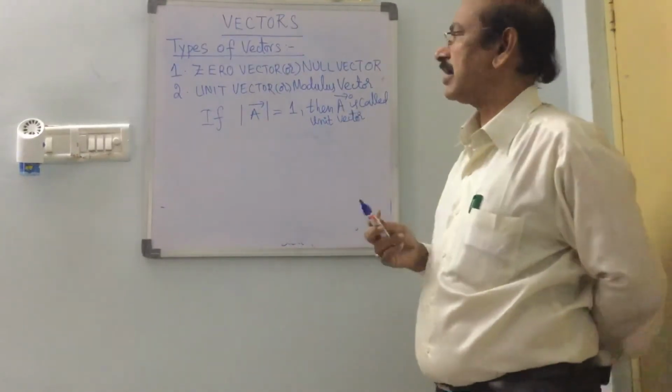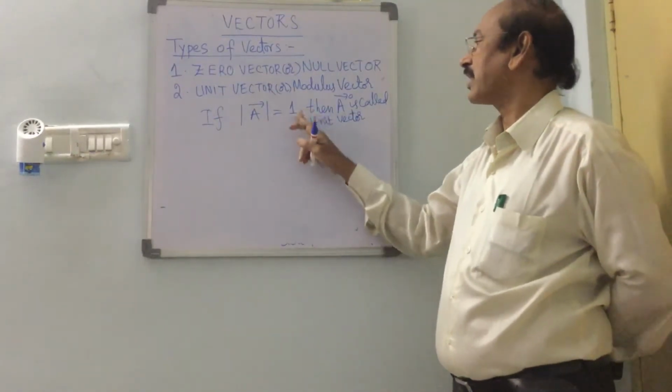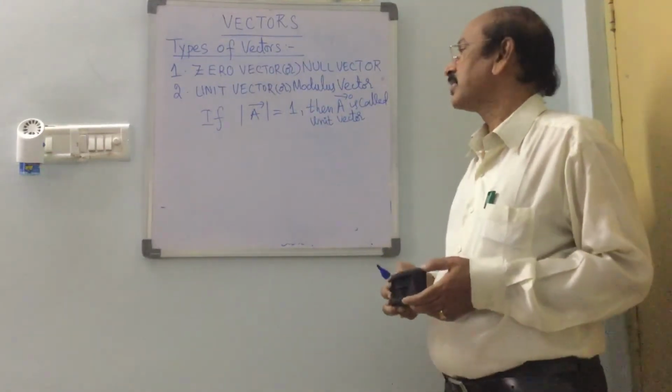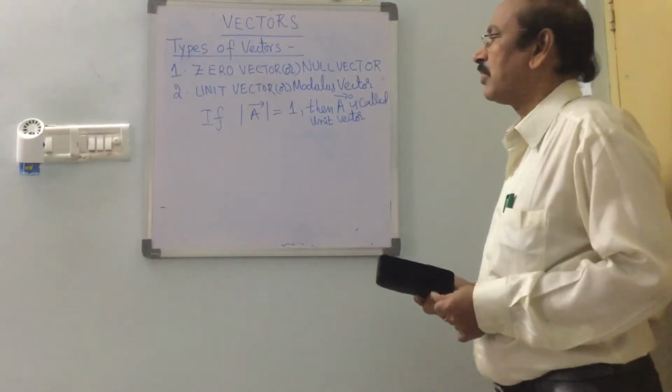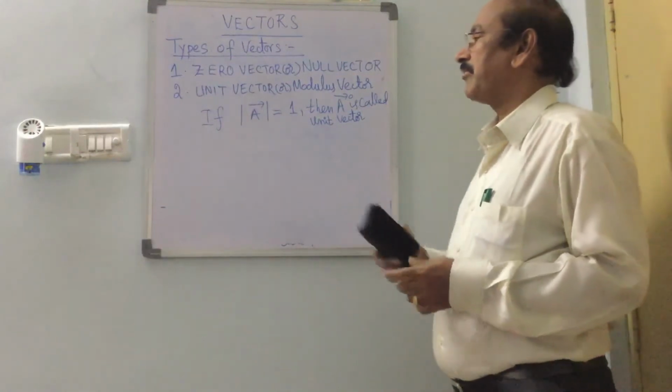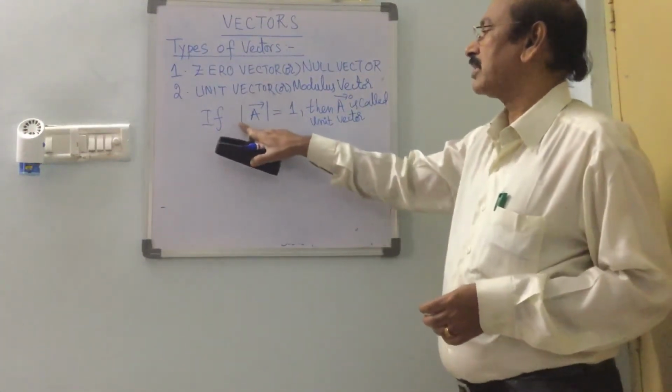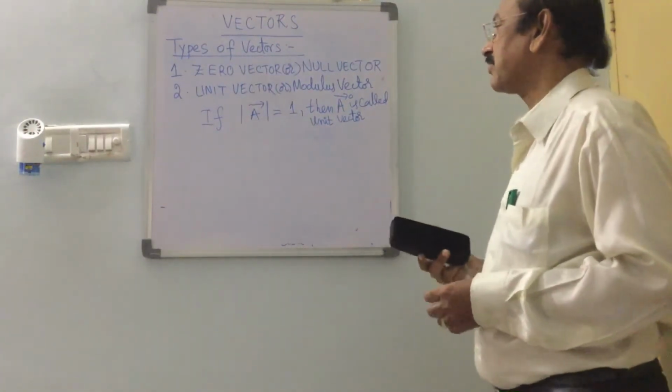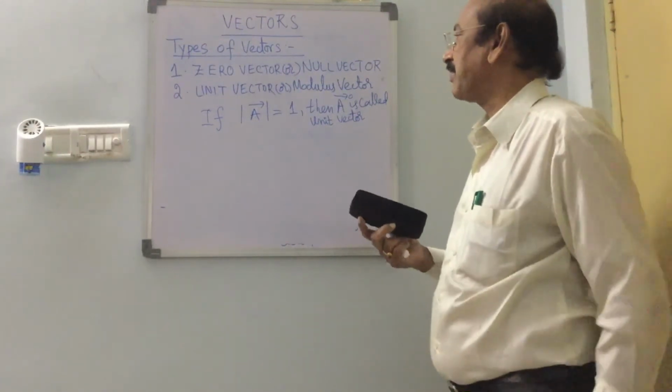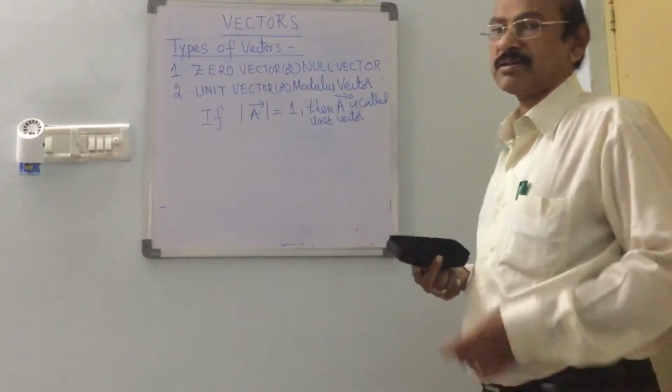So a vector whose magnitude is equal to 1 is called unit vector.